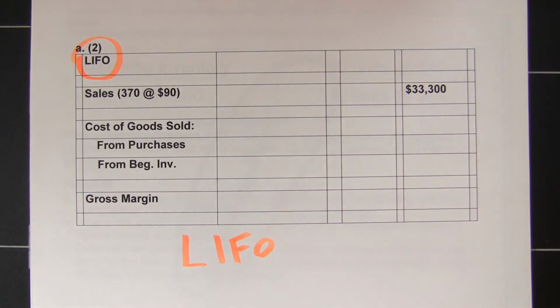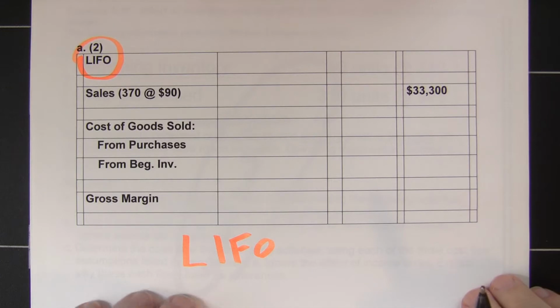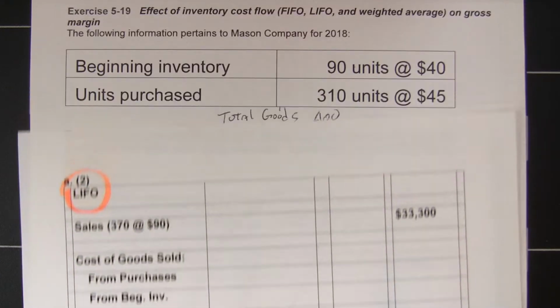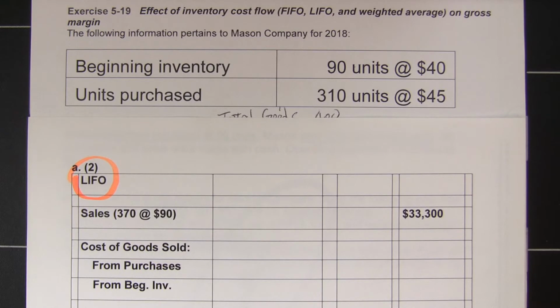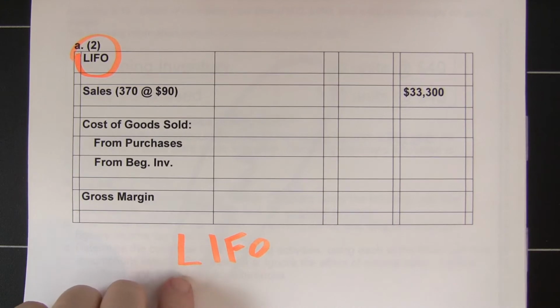So under LIFO, we still sold the same 370 units, okay? We sold as many as we could from the new units, from the ones that just came in, because LIFO, last in, first out. Last in means the ones that came in most recently. The oldest ones are still there.